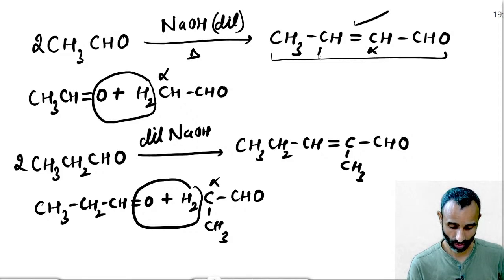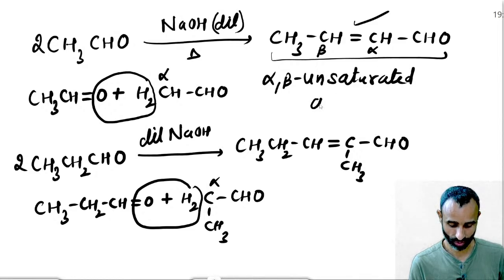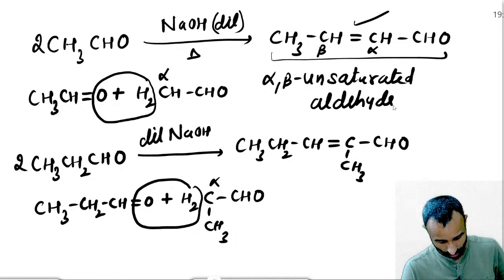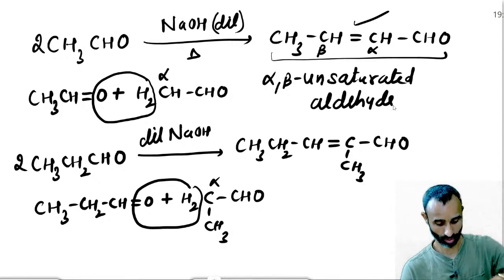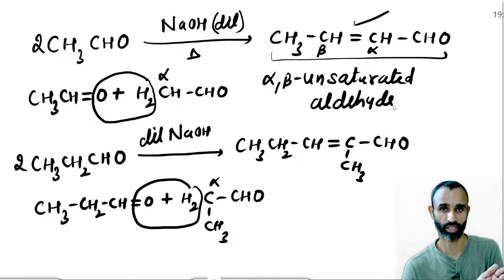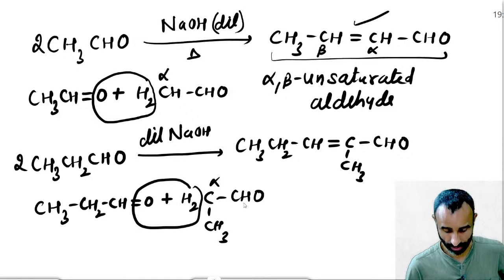And it is called alpha beta unsaturated aldehyde. So always if you want to form end product, you should write one aldehyde or ketone as such, CO on the front, and the other aldehyde or ketone keep their alpha hydrogen in the first place, and rest skeleton part like this. Okay, and remove that too.